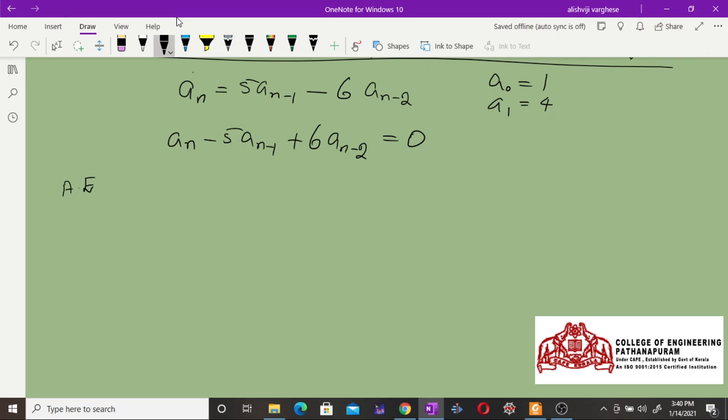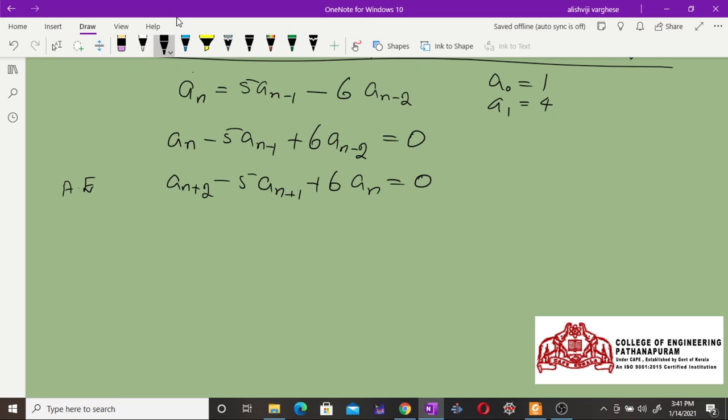And if it is a second order linear recurrence relation, then the simplest method is to replace n with n plus 2. So it becomes a_(n+2) minus 5 times a_(n+1) plus 6 times a_n is equal to 0.